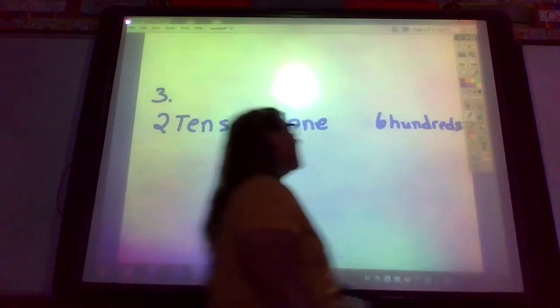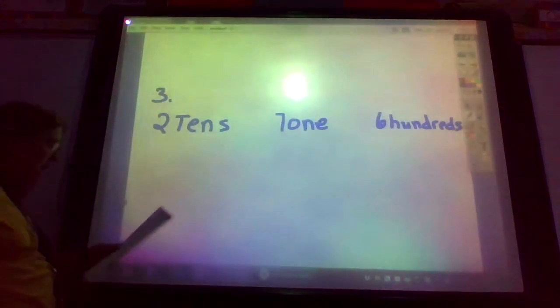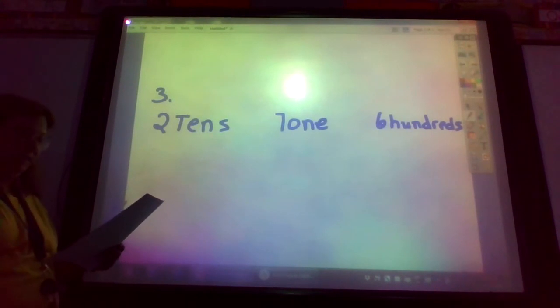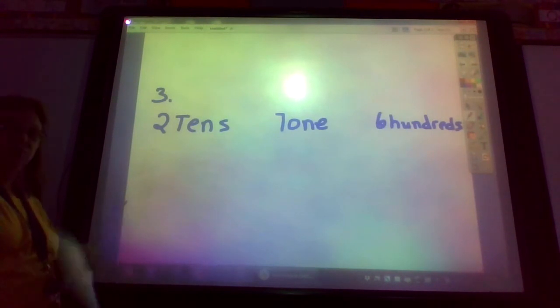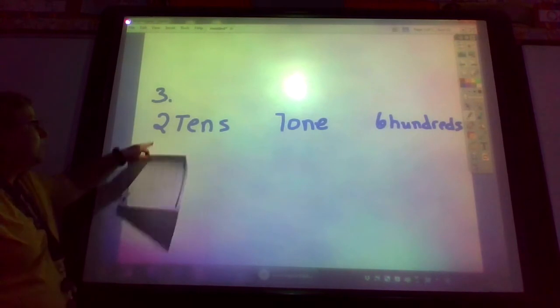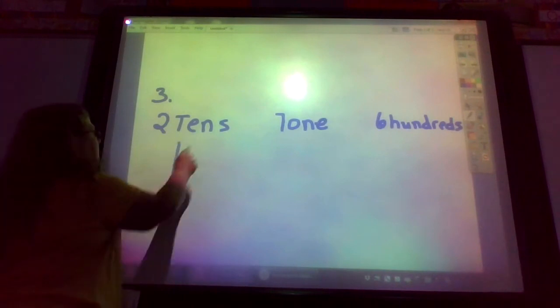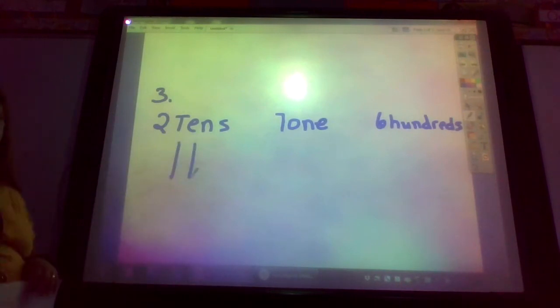It says to draw each one of these. I need 2 tens. A quick draw, that's what I'm doing. 2 tens. 10, 20. And I'm done, because I drew 2 tens.